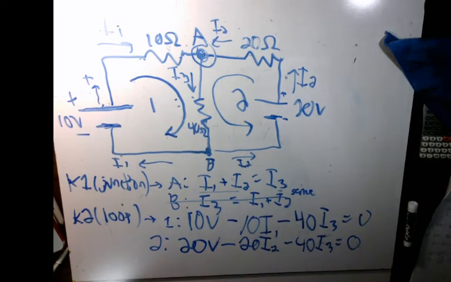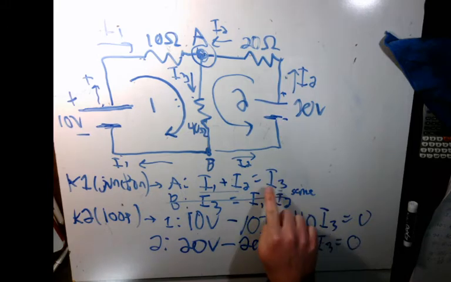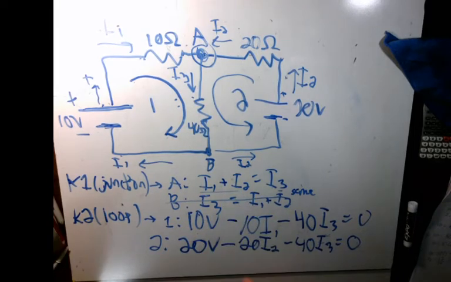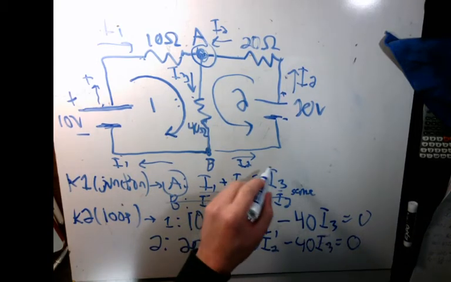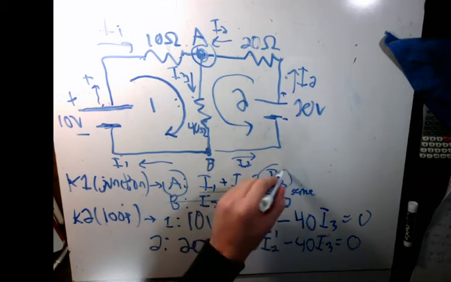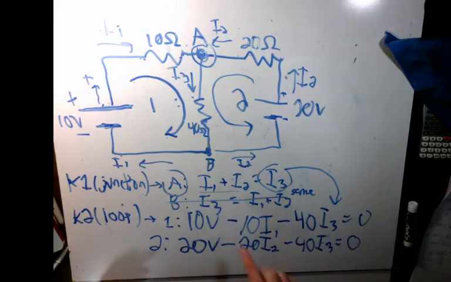So I'm going to substitute I3 for I1 and I2. I'm just going to take this equation, letter A, and I'm going to substitute all the I3s in my other equations for I1 plus I2.